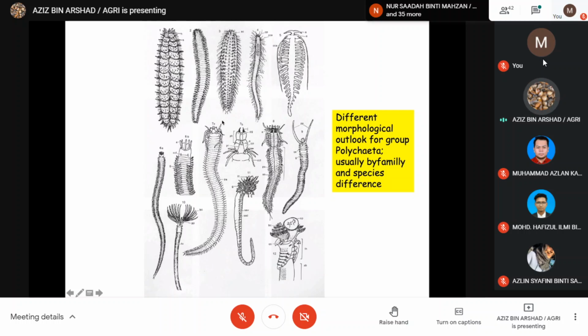So we always have to look at the anterior part, which is the head part, that is different from one family to another. And to look at the species, you might have to dissect even the parapodia to see the type of parapodia and the type of chaetae attached to the parapodia. Some of them have gills like this, like Eunicidae, they have the gills here that are used for respiration.